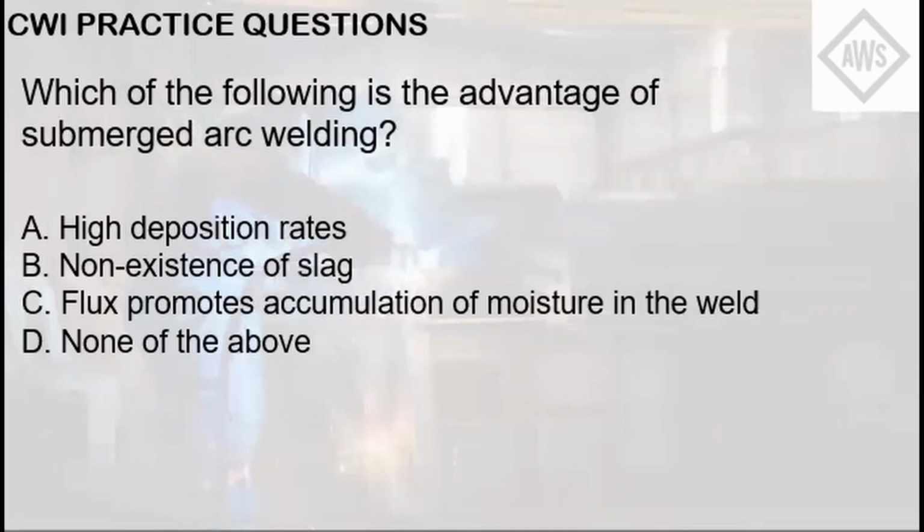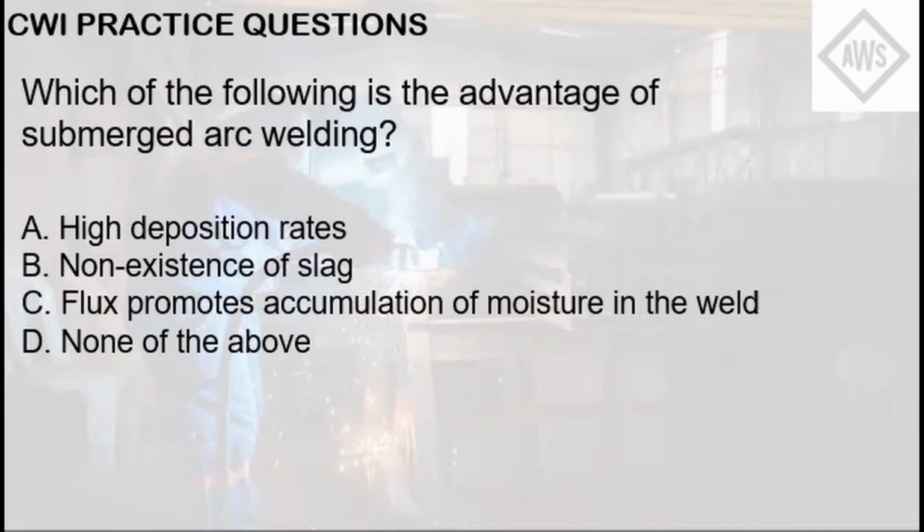But the one advantage of submerged arc welding is high deposition rates. If you want high deposition, you want to fill that metal in, if it's very thick, like 20-inch or even 60-inch metals. I've seen some factories that weld steel plates almost 1.5 to 2.5 inches thick.